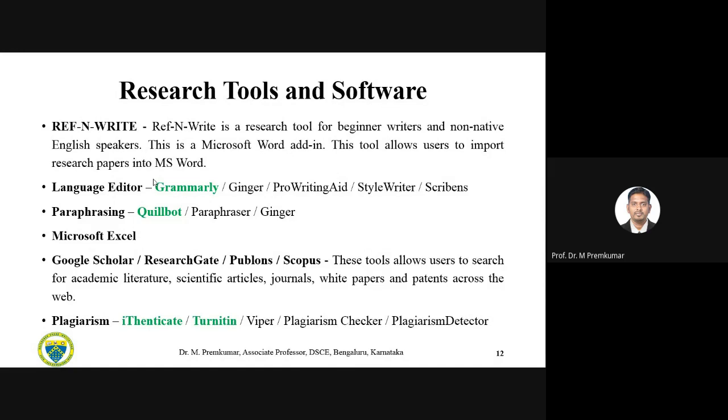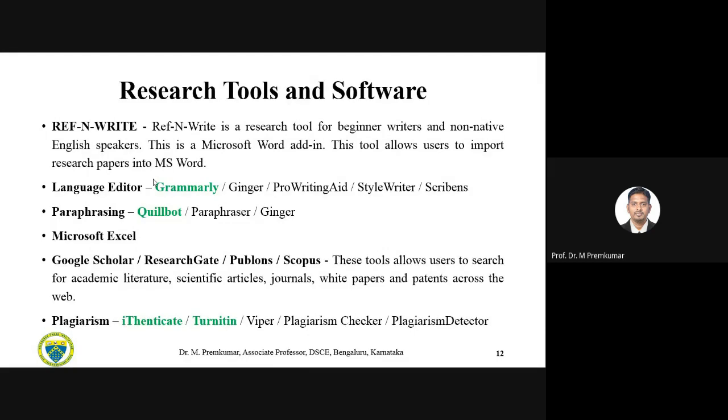So I'm not encouraging the use of Viper, Plagiarism Checker, or Plagiarism Detector. Instead, you can use authenticated tools like Authenticate and Turnitin. These two are the authenticated plagiarism software, and each and every researcher should have logins for them.